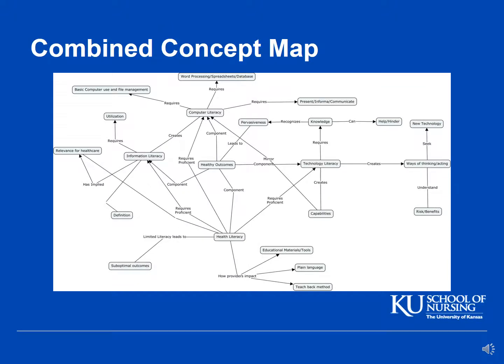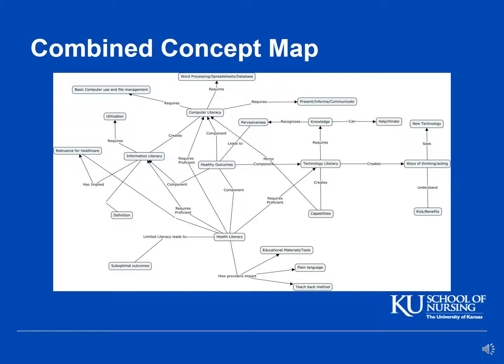When we got together to create our combined concept map, we really wanted healthy outcomes to be the center and describe how a healthy outcome would occur when all of the other literacies are related. We really felt like information and computer literacy were related, and computer literacy was related to technology literacy.